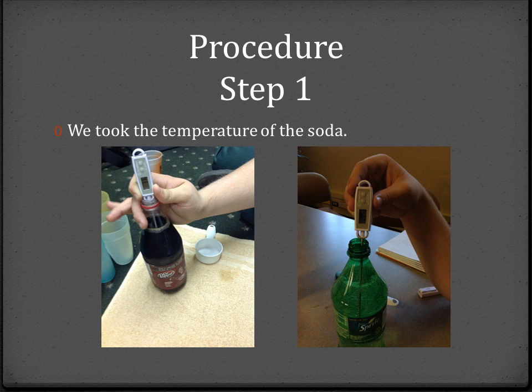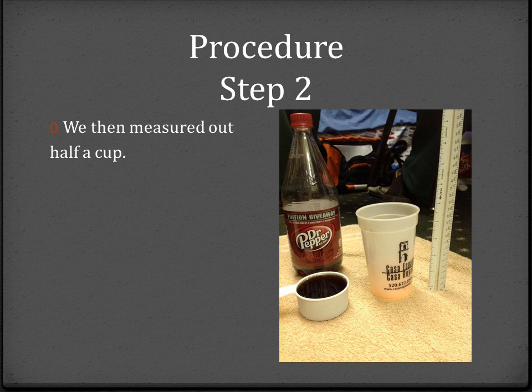For our procedure, step 1 was to take the temperatures of the different sodas to make sure we had the right temperature for when we were pouring. For step 2, we measured out half a cup of the Sprite and the Dr. Pepper.